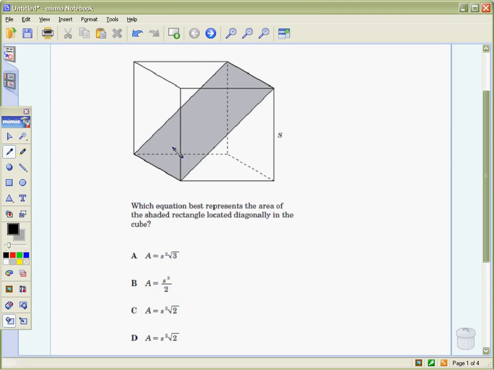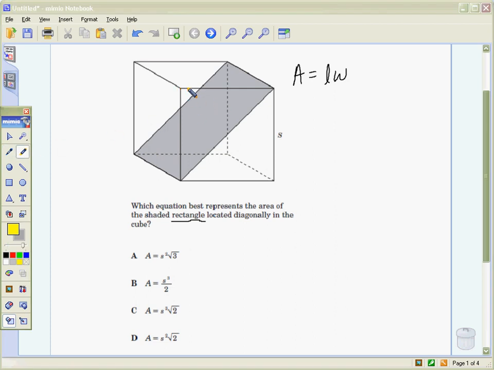First of all, we're trying to find the area of a rectangle, and if you'll recall, the area is equal to length times width. So we have to define what the length and width are. Since this is a cube, all of these edges of the cube are the same dimension.